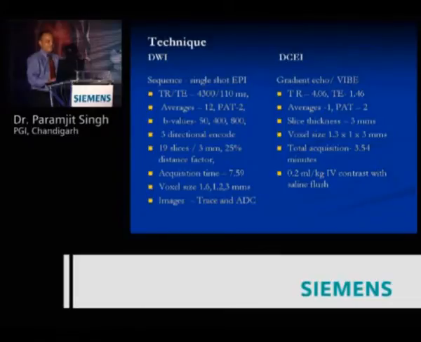So these are the two techniques that we use: diffusion weighted and dynamic contrast enhanced imaging, and these are the parameters that we use. This is a single shot EPI, and this is a gradient echo based sequence for DCE, and we give contrast for dynamic contrast enhanced imaging at the rate of 0.2 milliliter per kg IV with a saline flush.